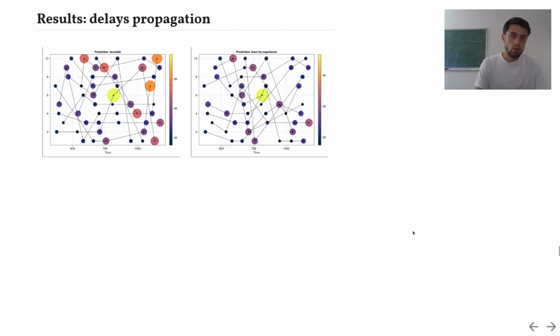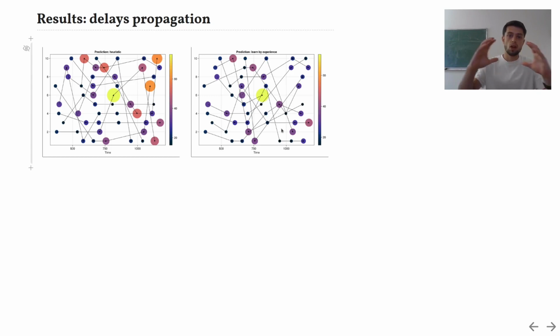And here, we illustrate some results of delays. So again, the graph represents the tasks, and each path is related to one vehicle. On the left, we have the solution with a heuristic. On the right, we have the solution given by a learning pipeline that was implemented with InferOpt.